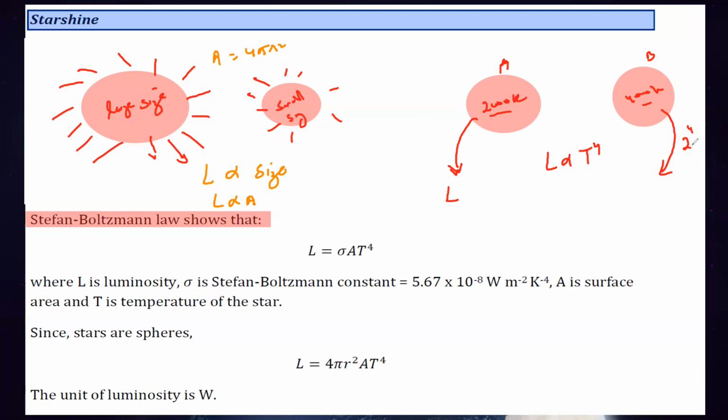So T is doubled, so if this is L, 2 raised to power 4 means it will become 16 times L. The luminosity of star B will be 16 times as compared to star A.